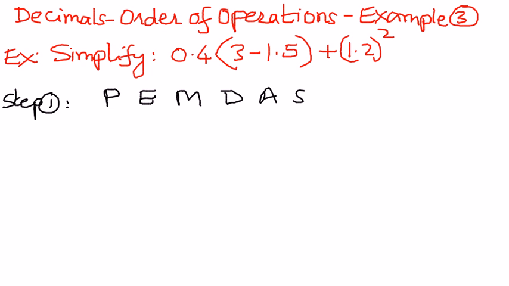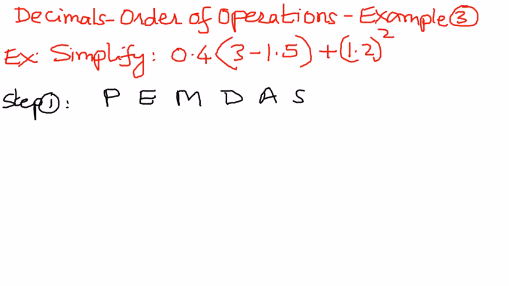P stands for opening up the parentheses, E stands for expanding the exponents, M stands for performing the multiplication from left to right, D stands for performing the division from left to right, A stands for performing the addition of numbers from left to right, and S stands for subtraction of numbers from left to right.